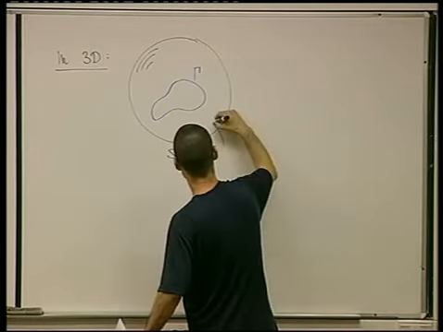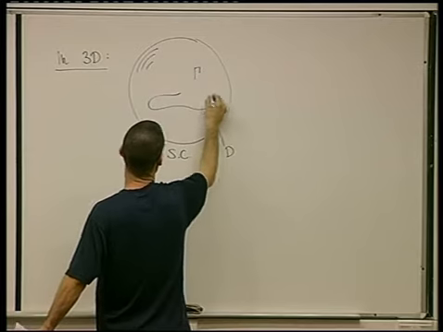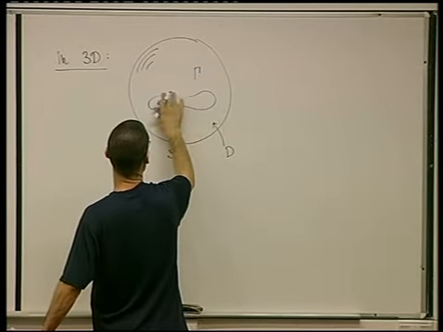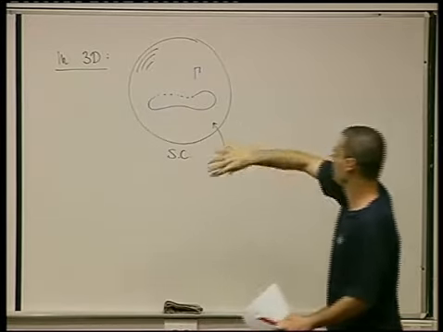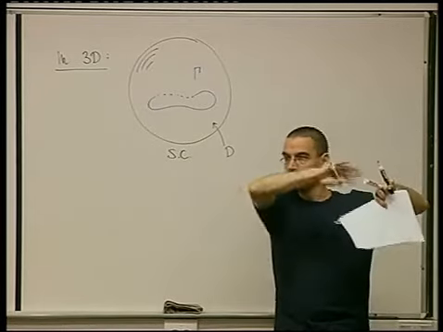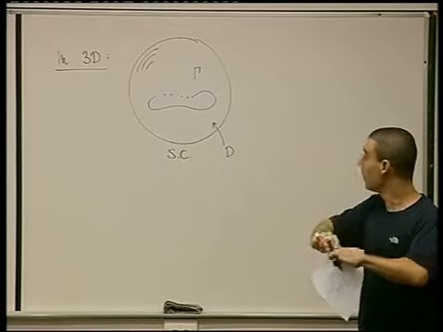Is it true that gamma is the boundary? I want to redraw gamma to emphasize that gamma is now not planar. All of this is happening in 3 dimensions. So think of gamma like this. Can you imagine a rubber band sitting inside the ball?